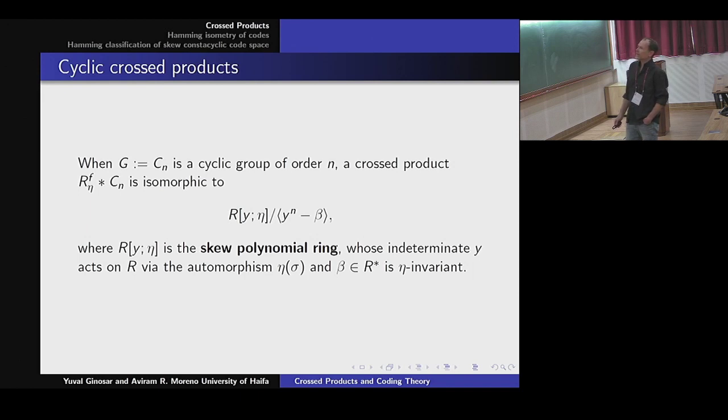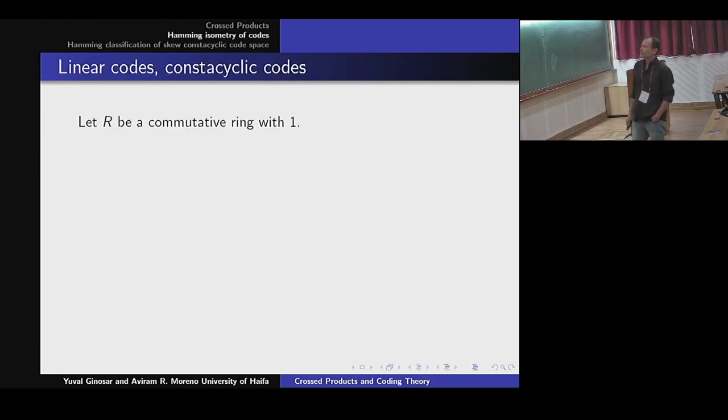It's R[Y; eta], where Y acts on R via the automorphism eta of sigma. And the quotient is by the ideal generated by Y to the n minus beta, where beta is an eta invariant unit in R. Okay, please ask if there are any questions.